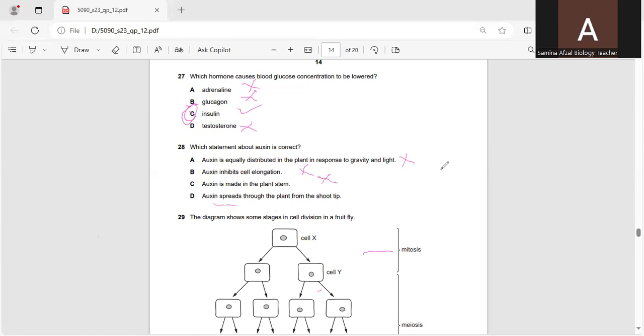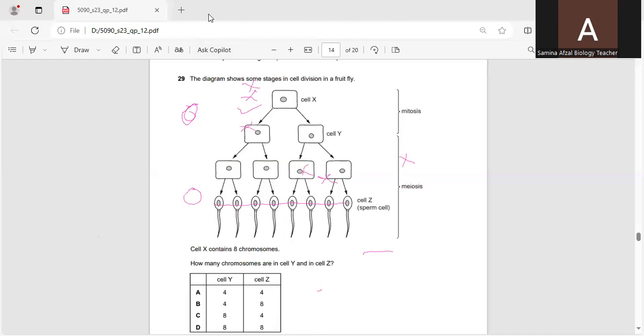No. It spreads throughout the plant, and it is produced at the root tips and shoot tips. So D is the correct answer over here. All other answers are not relating with auxin. Only D is the correct option, which shows the function of this hormone.